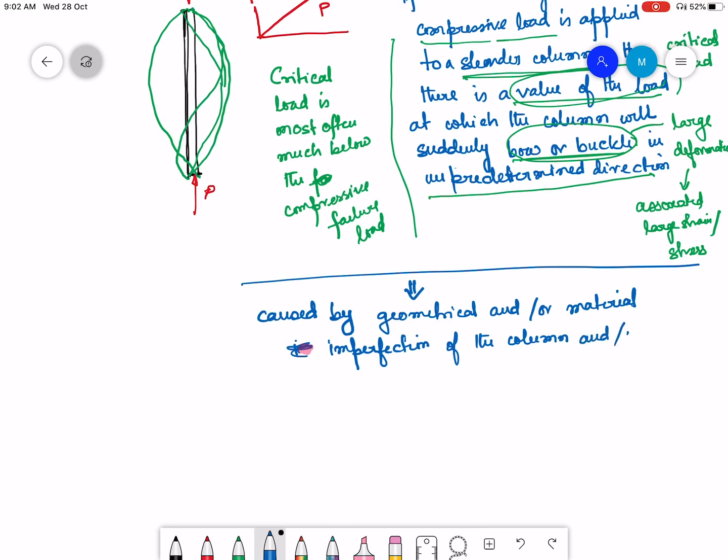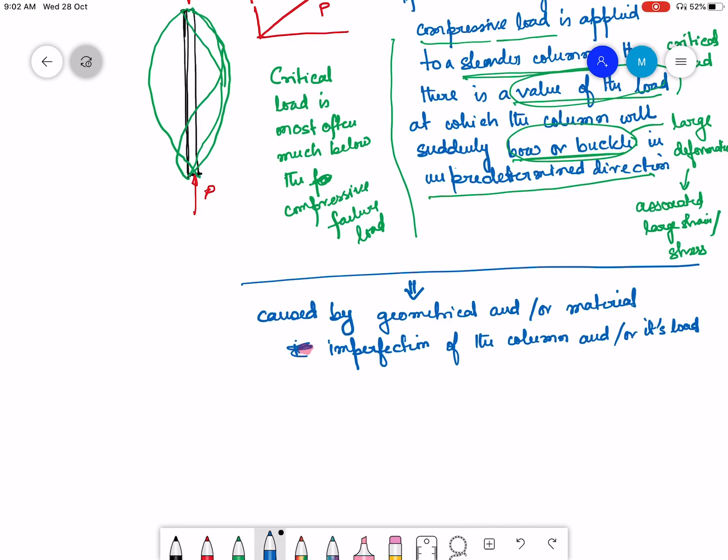So the buckling phenomenon that you can observe in a slender column is usually caused because of some geometric or material imperfection of the column, or the unsymmetry of the applied load.